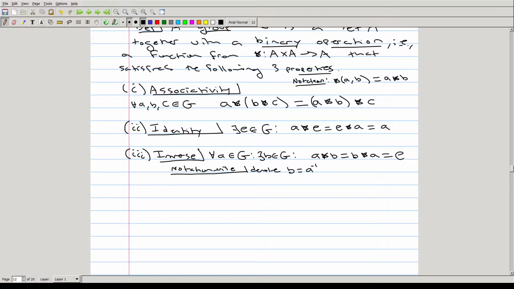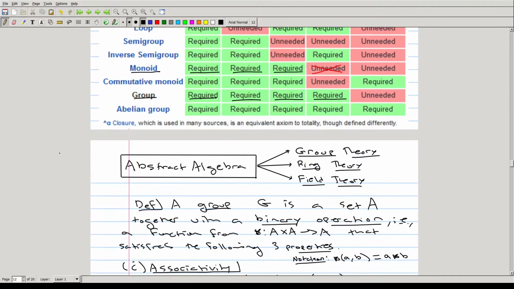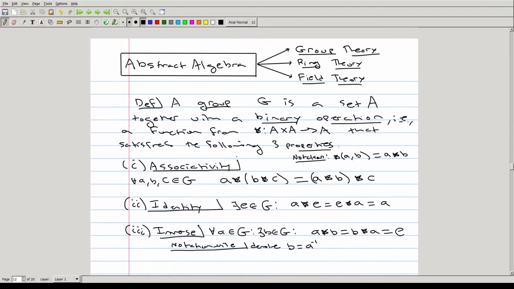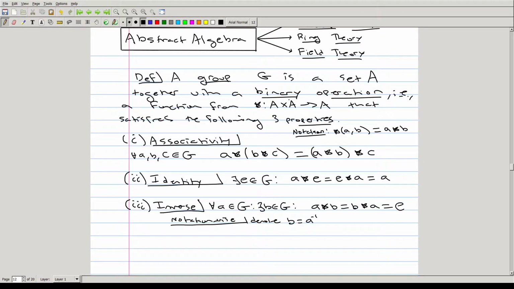So I want to note here that the closure that I talked about before, which is required for a group, is inherent in the fact that this binary operation is a function and not a partial function.